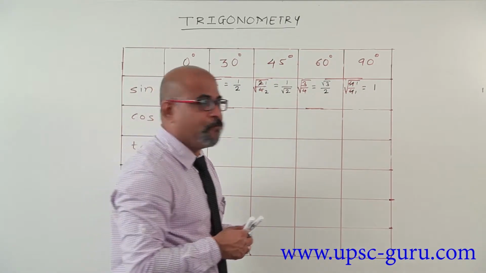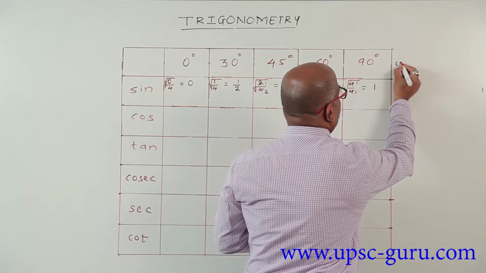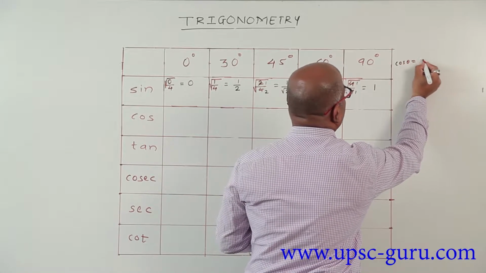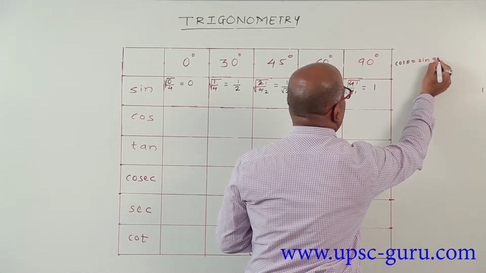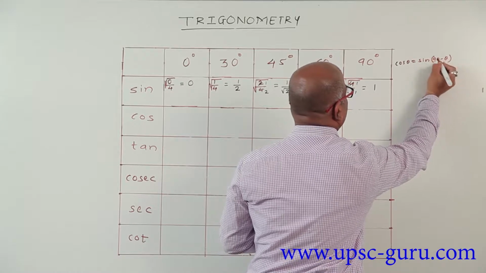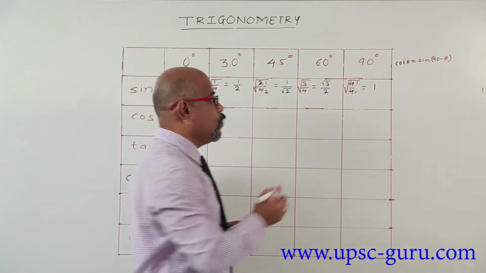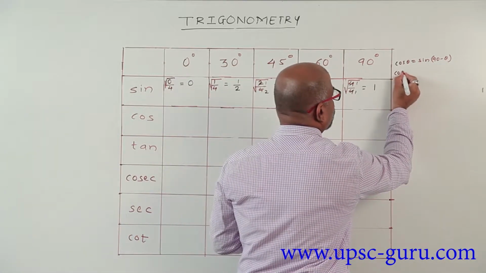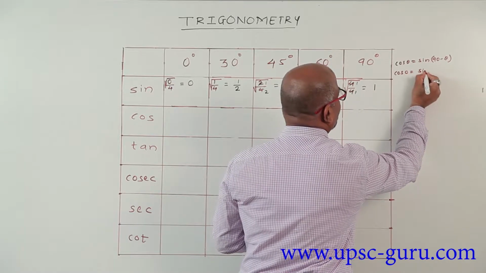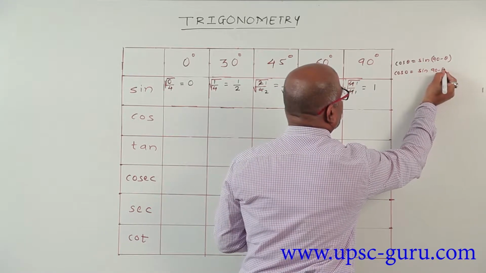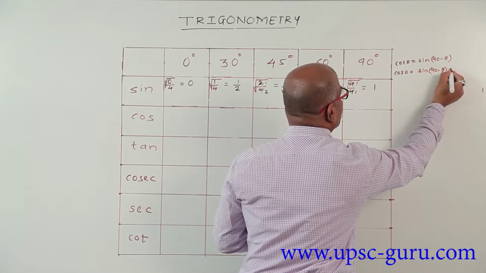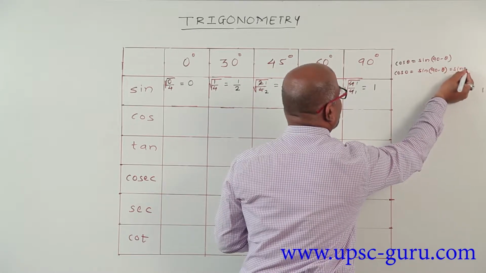Now we have the basic formula: cos theta equals sine 90 minus theta. Now let us check cos 0. Cos 0 equals sine 90 minus 0, that is sine 90 degree.